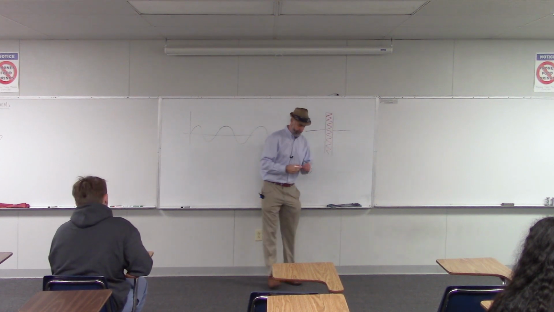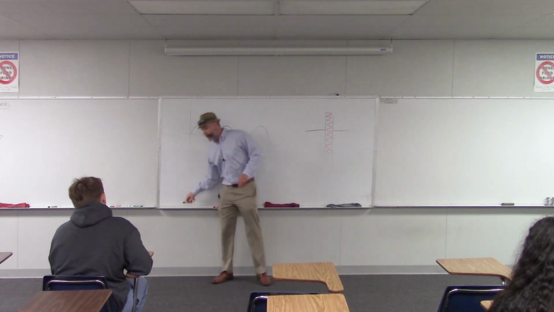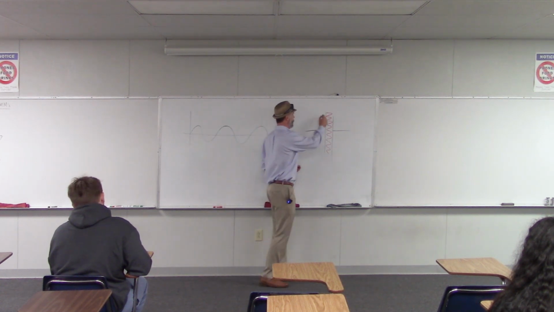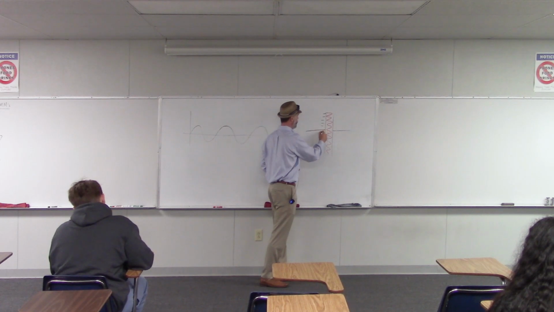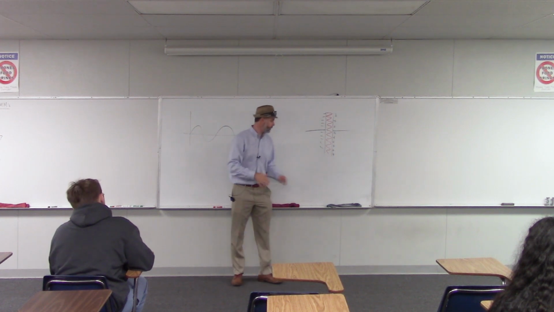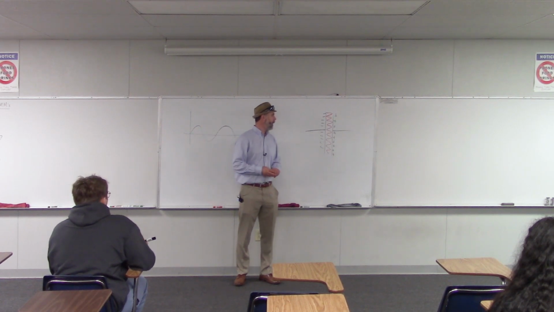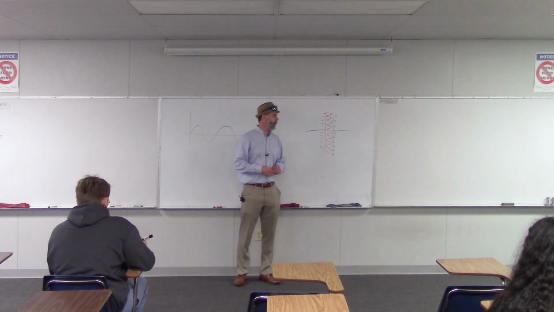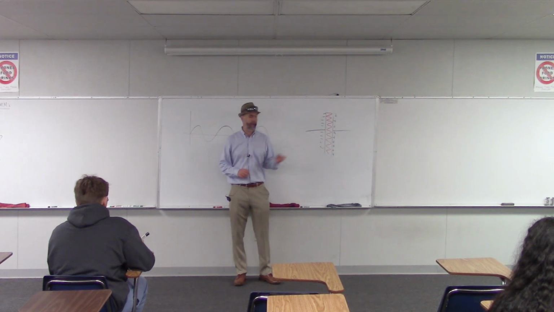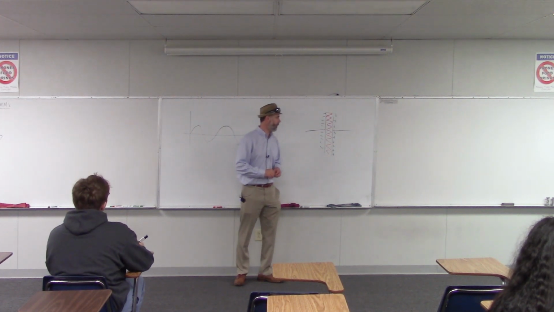And they store energy by having negative charges on one side and positive charges on the other side. And the amount of energy that this device can store is called its capacitance. So we'll talk more about capacitors a little bit later in the semester, but this is the basic idea. And we said that we could use the meter to measure the capacitance of one of these little components.